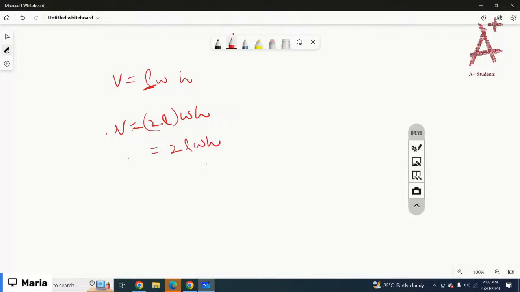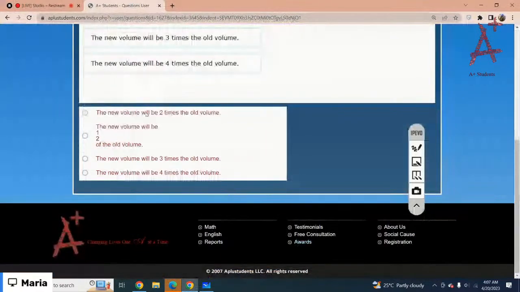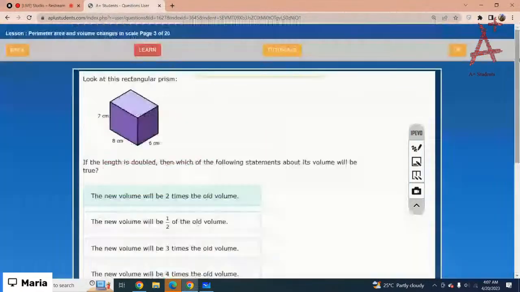So you divide the new one by the original one: two times length width height divided by length width height. They cancel out and you are left with two. That means the new volume will be two times the old volume. So the correct option is option number one. The new volume will be two times the old volume.